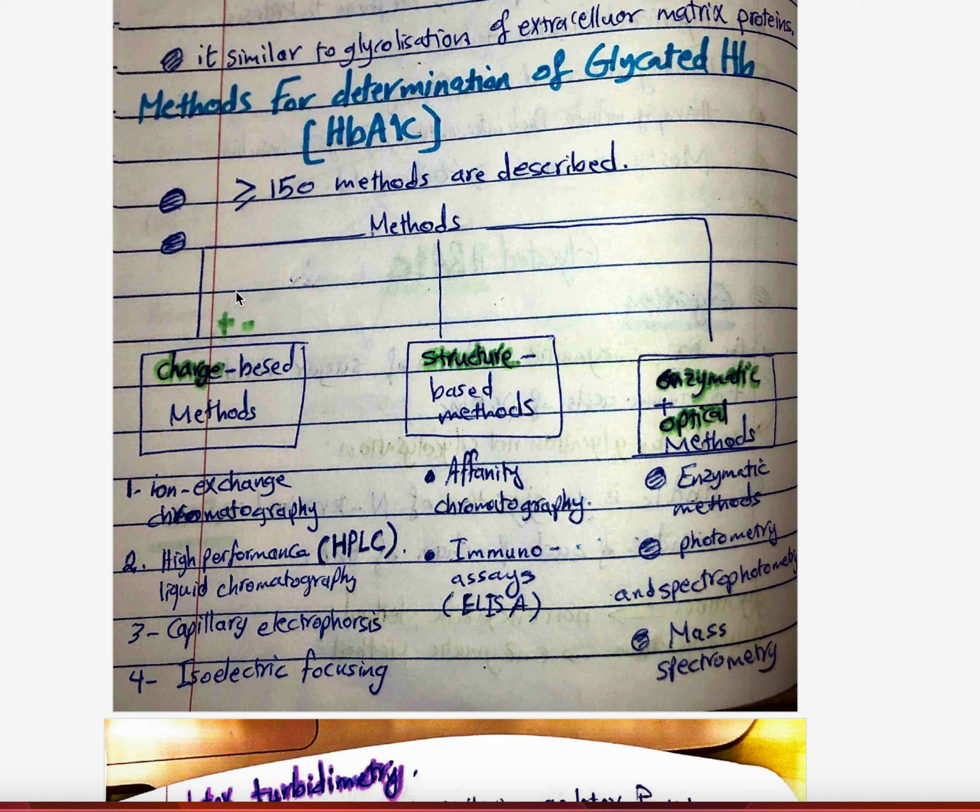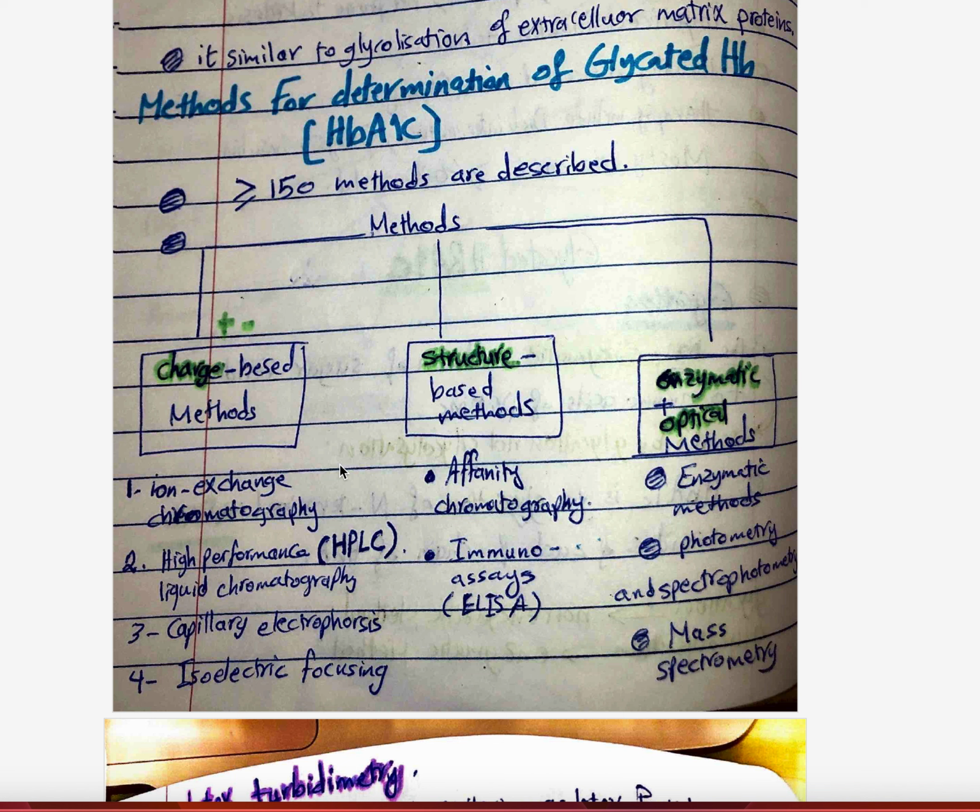The first one is the charge-based method, like ion exchange chromatography, or high performance liquid chromatography, or capillary electrophoresis, or isoelectric focusing. I have just mentioned them, I'm not talking about the details of each one.